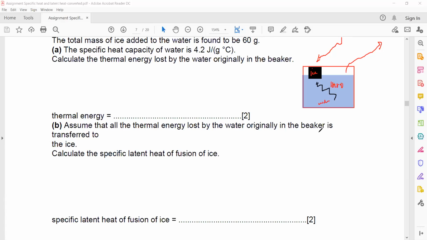So ice has absorbed some energy from the surrounding, or water lost some of the energy to the surrounding. That's why your answer is not accurate. Is it clear?